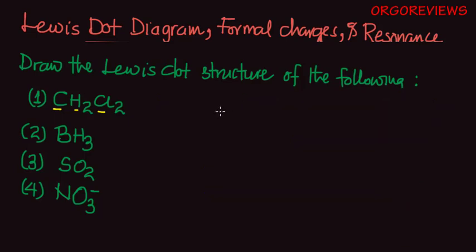So rule number 1, identify the central atom: carbon. Attach each one of the atoms in this molecule to the central atom. So we have 4 of those, 2 hydrogens and 2 chlorine atoms. Identify all the valence electrons for each of the atoms. Hydrogen has 1, and there are 2 of those, so a total of 2 valence electrons.